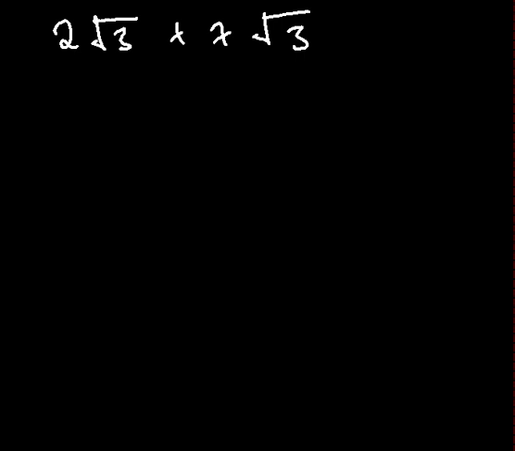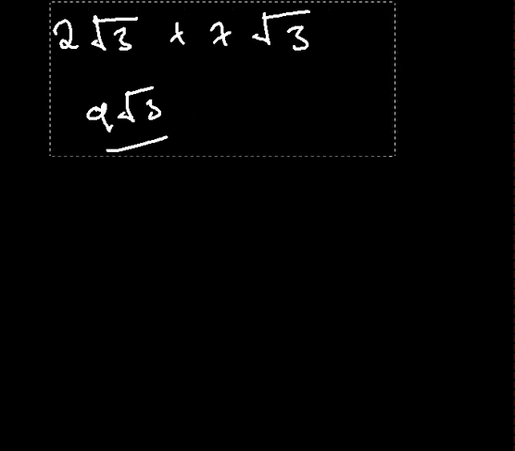In this case this is the square root and this is also the square root, and the inner terms are also the same. We have 3 and 3, hence these are like terms and can be added. So in this case we'll have 9 times the square root of 3. That's the principle behind it.